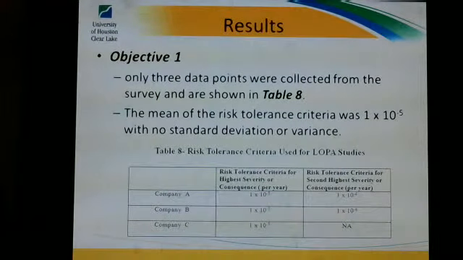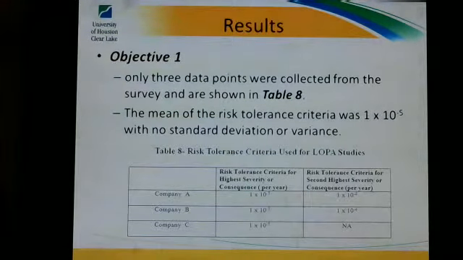Some companies also use a second tier risk tolerance criteria for less severe scenarios or lower risk ranking scenarios, and in those cases, they use 1 times 10 to the minus 4 occurrences per year. This risk tolerance criteria is the basis for deciding whether or not you need additional risk reduction.